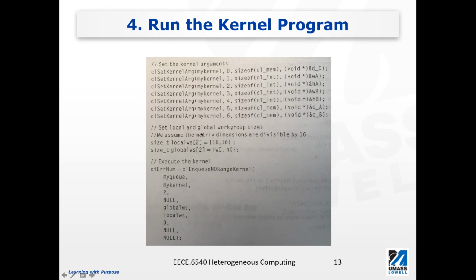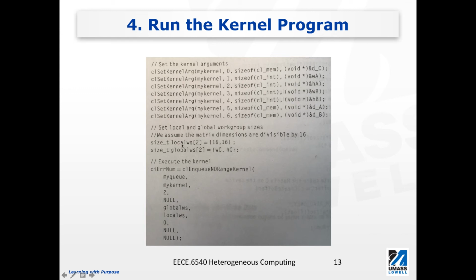Next step in running the kernel: before we actually run it, we have to set the local and global workgroup size. This is where we specify the number of work items in a group and also the number of work groups. In this example, we're choosing to use a two-dimensional compute domain. And the way we set this up is that in each work group, we want to have 16 by 16 work items.